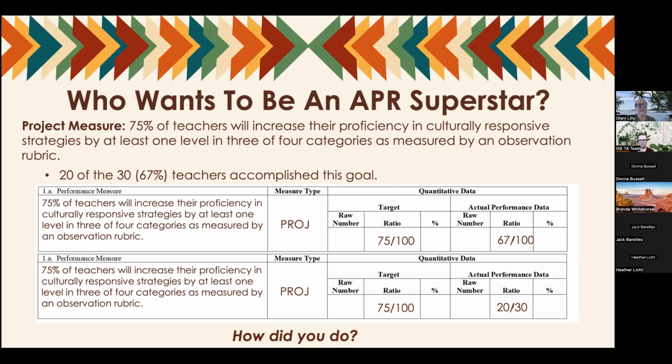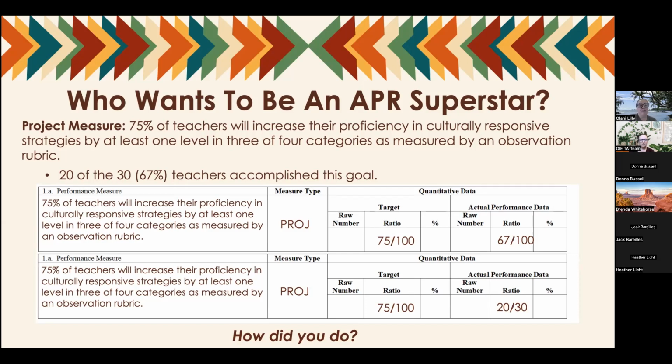And then in the actual performance data, we actually have that information available. Because 67% of the teachers met that goal, it is reported as 67 over 100.